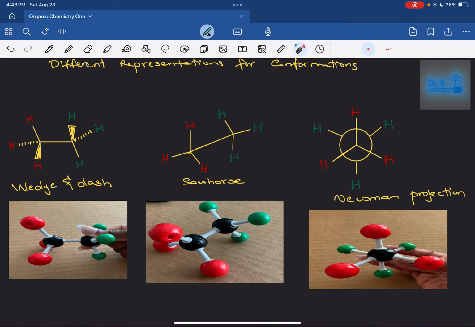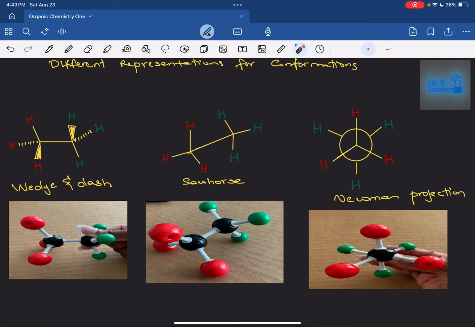Now, anything that is not wedge or dash and is just a single bond is in the plane of your device, in the plane of my iPad screen. It's not protruding out like the pen coming towards me or protruding from the back.